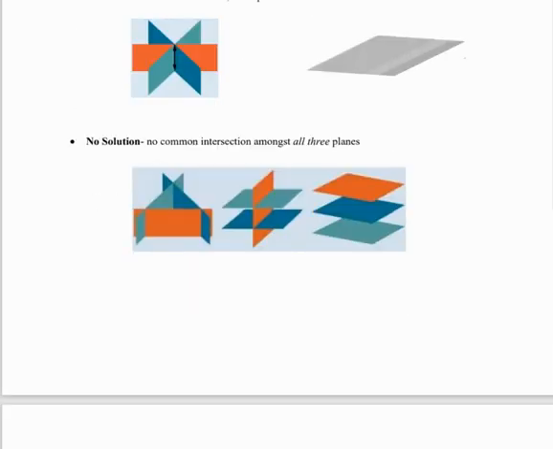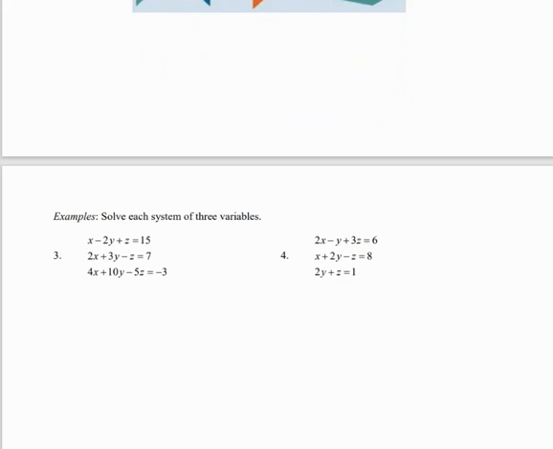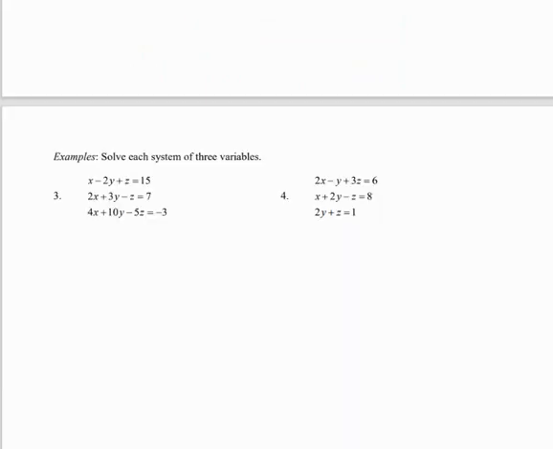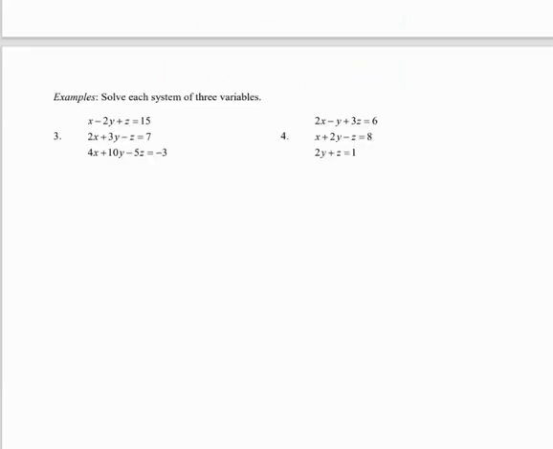So how do we solve these? I'm going to do two of them with you and have you practice two of them on your own. Our goal for solving systems is to actually create a system of two equations. So you're going to choose a variable to eliminate. It doesn't matter, you just want to make life easy. So my intention for number 3 is to eliminate z.